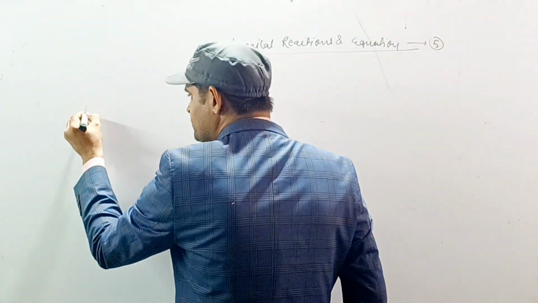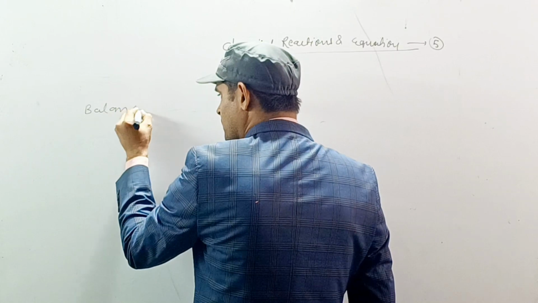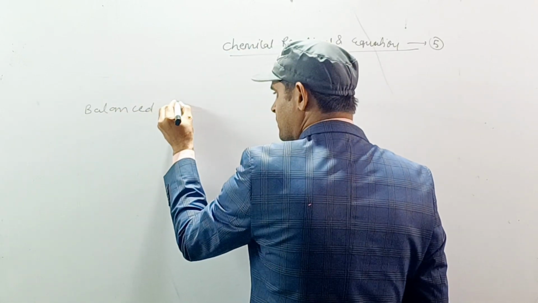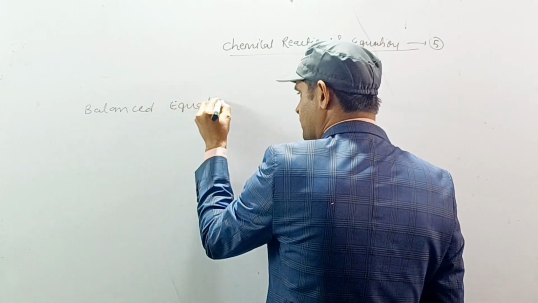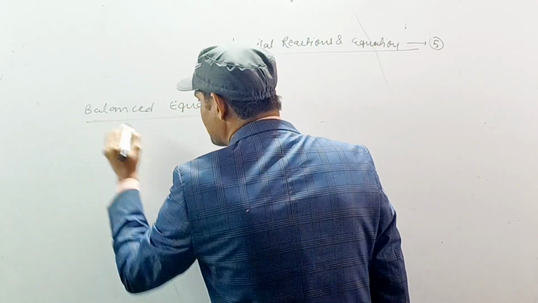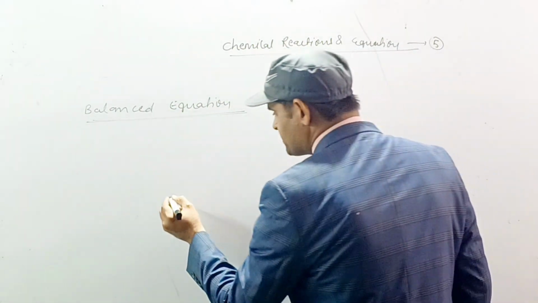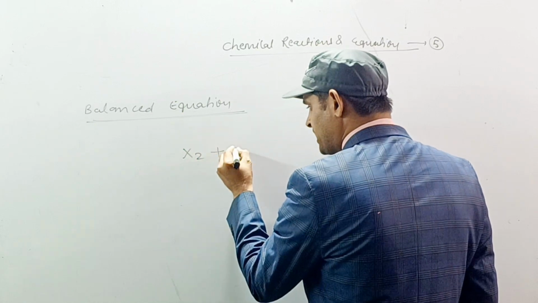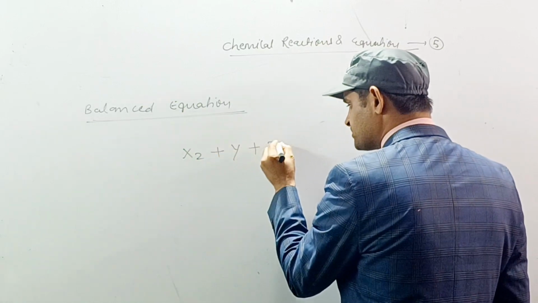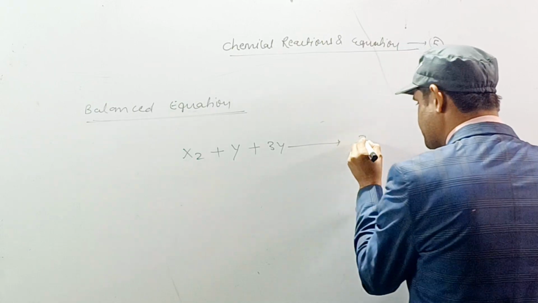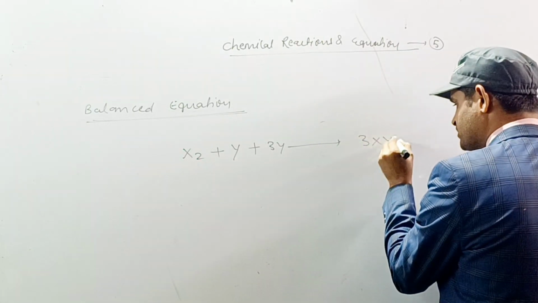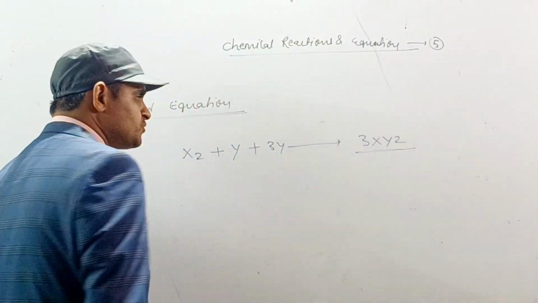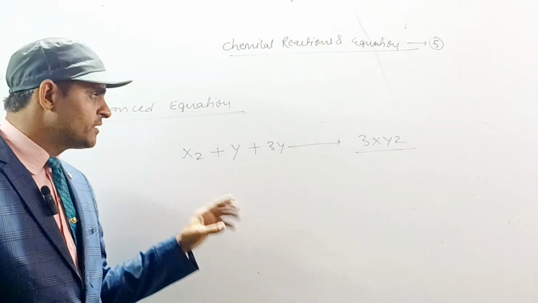Now the next topic is the balanced equation. What is a balanced equation? Such as this type: x2 plus y plus 3y is equal to 3xyz. My dear students, look at this reaction.